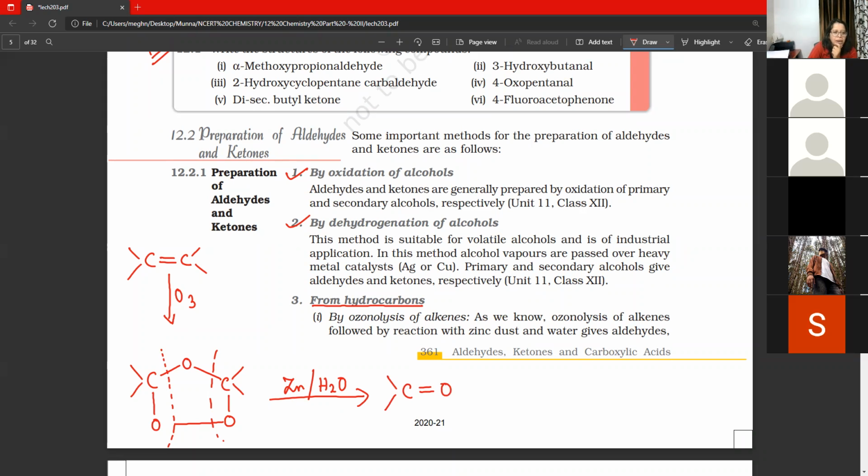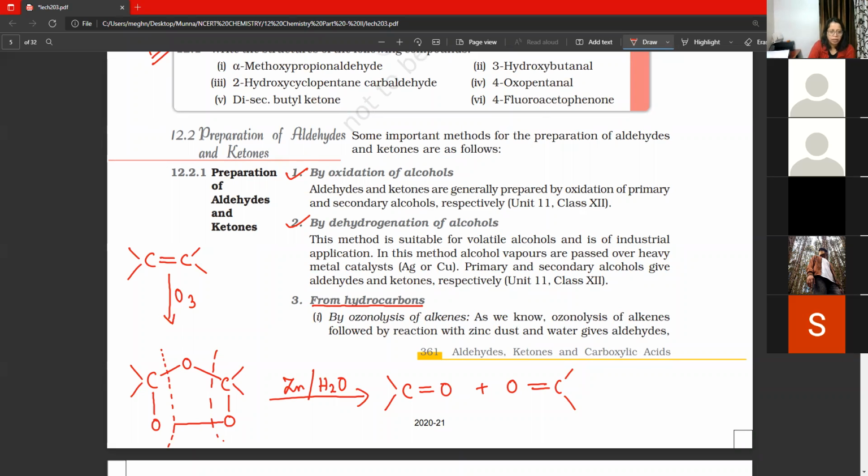So I'm repeating again, you check what has happened. It's getting broken this way. So the carbon-oxygen bond remains intact. How many molecules are you going to get? 2 molecules, and the extra oxygen will produce hydrogen peroxide.